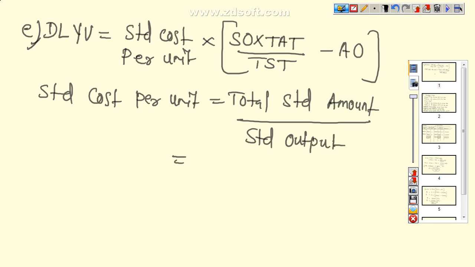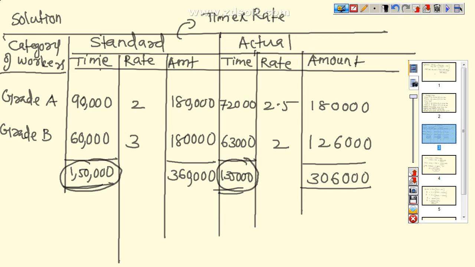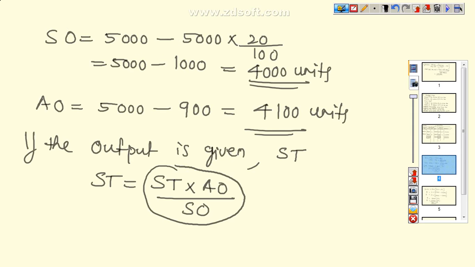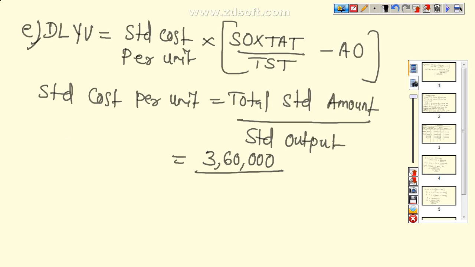Total standard amount means the total of the amount column of standard, that is 3,60,000. So here we write 3,60,000 upon standard output. Already we have calculated standard output is 4,000, that is equal to 90.